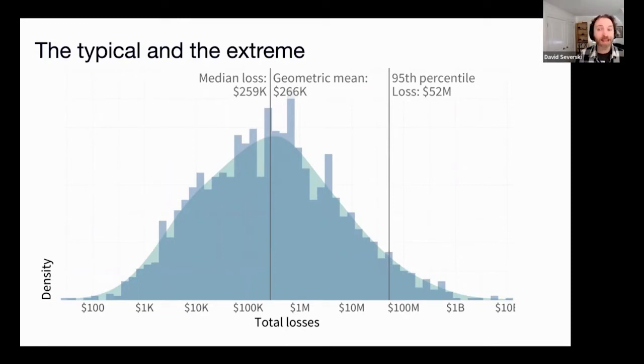However, there are many cases where it is much, much worse. If you have a really bad day, it can be extremely bad. So what we have here is the 95th percentile, which is a loss of at least 52 million. So what we're saying is a typical loss is $260,000, but 5 times out of 100, you're going to have a much greater loss of 52 million, all the way up even into the billions of dollars.